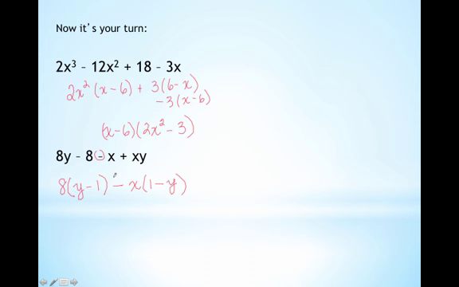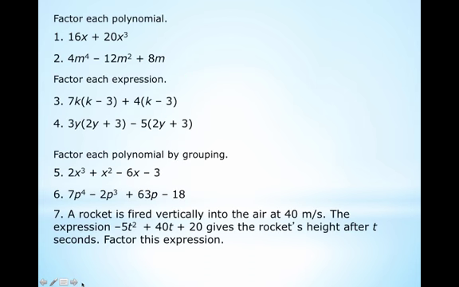So when I pulled out that negative x, remember I can factor out a negative x, this became 1 minus y. So this one was a little more complicated, but hopefully it made some sense.